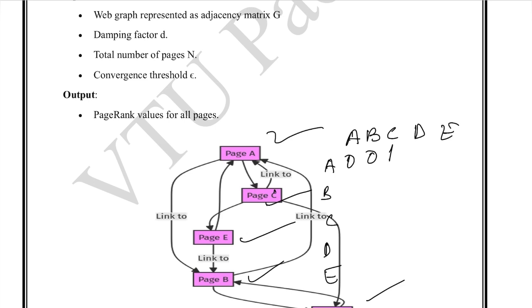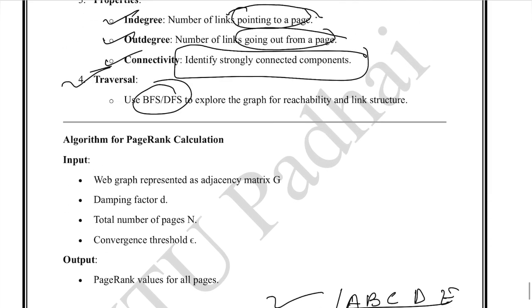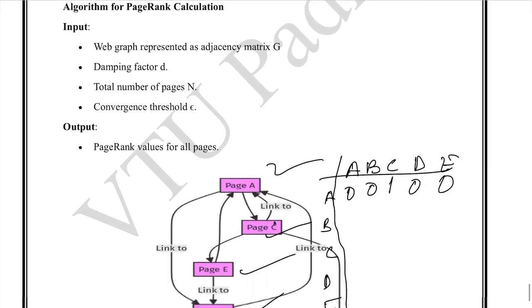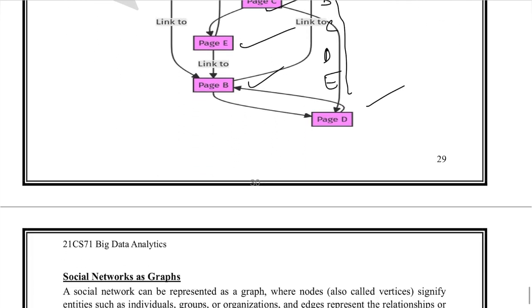Yes, it's there, put 1. A to D? No, directly it's not there, put 0. A to E? No, put 0. Similarly, fill the adjacency matrix. Once you are done with this, you calculate the PageRank depending upon the damping factor d, the total number of pages n, and the threshold, and the output will be the PageRank for all the pages.